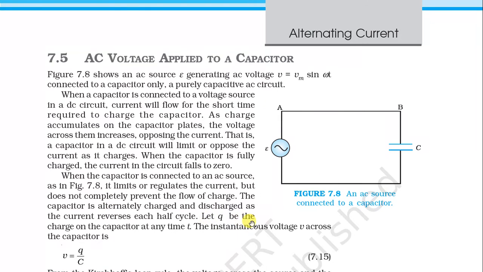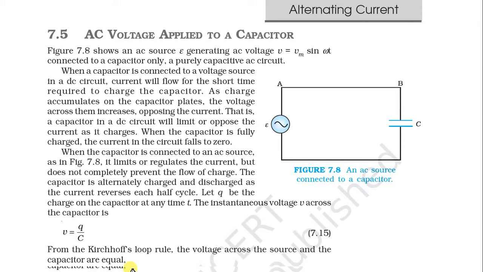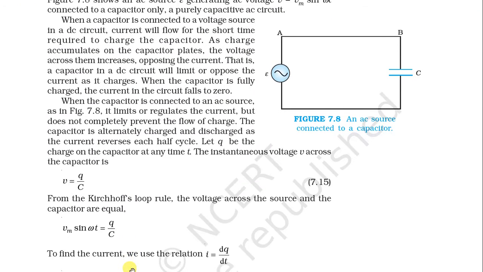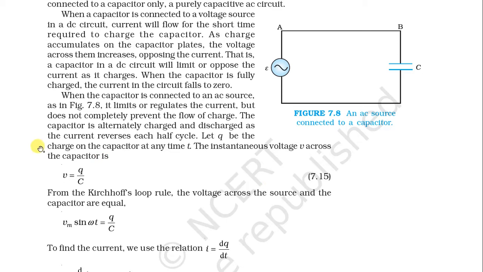Let Q be the charge on the capacitor at any time t. The instantaneous voltage V across the capacitor is V equals Q upon C. From the Kirchhoff loop rule, the voltage across the source and the capacitor are equal to Vm sin omega t.